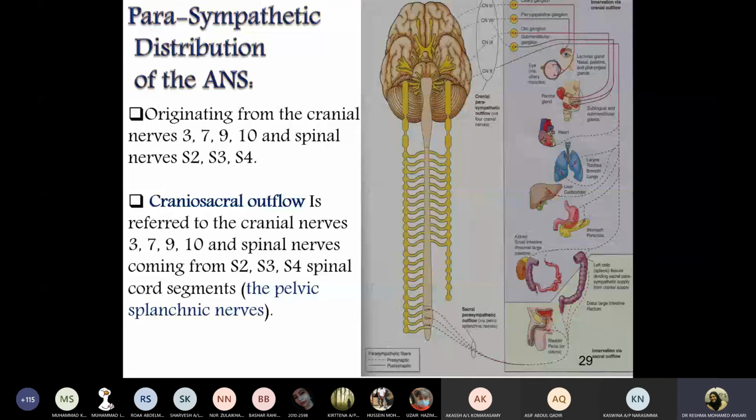The parasympathetic is craniosacral outflow, coming via 4 cranial nerves and the 3 sacral segments. Why 4 cranial nerves? The first 3 cranial nerves supply up to the face. From there up to the abdomen is the 10th cranial nerve, so it stops at the level of the abdomen. For the pelvic area, the urinary bladder, the rectum, the uterus, they take it from S2, S3, S4, similar to your sympathetic outflow. Am I clear?